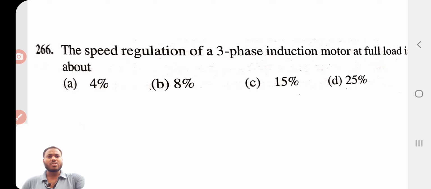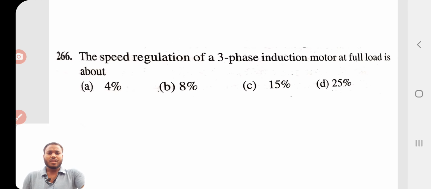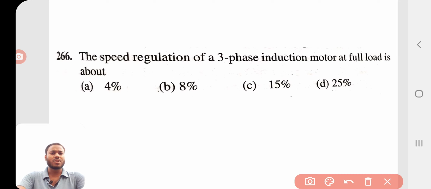And the last question is there. I think you may see the question. The question is, the speed regulation of a 3-phase induction motor at full load is about. The options are A 4%, B 8%, C 15% and D 25%. So, what is the correct answer for the speed regulation at full load?